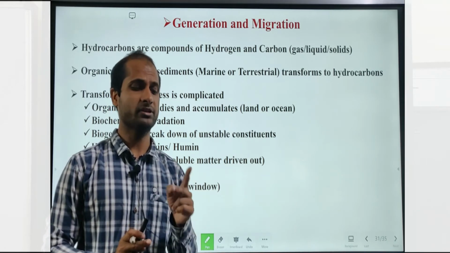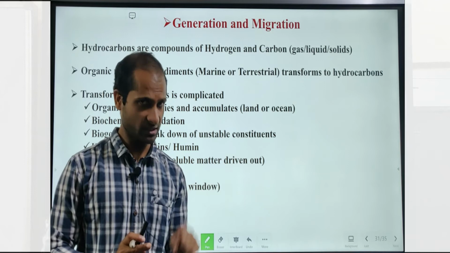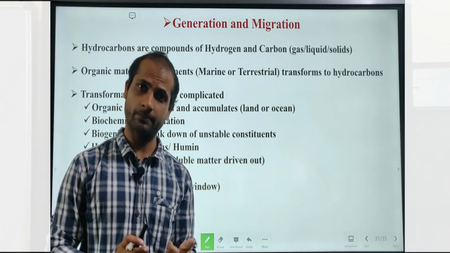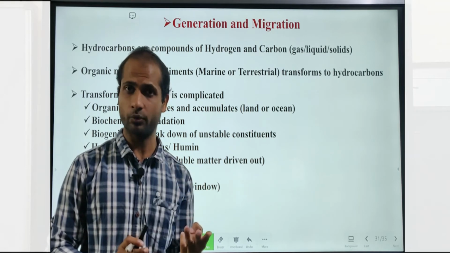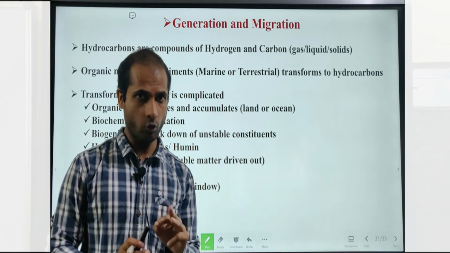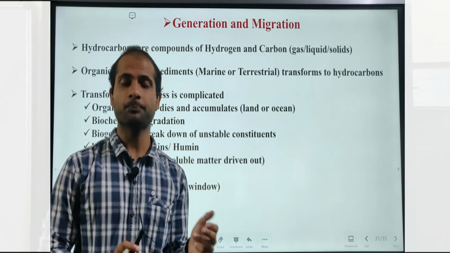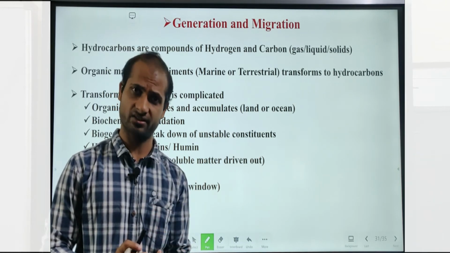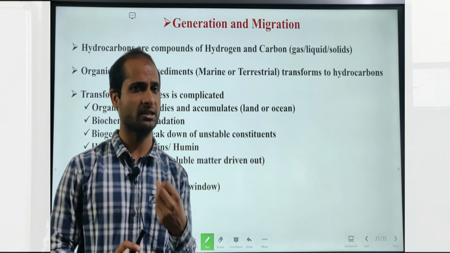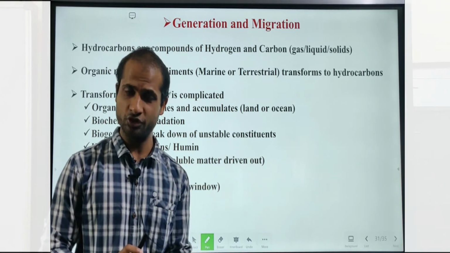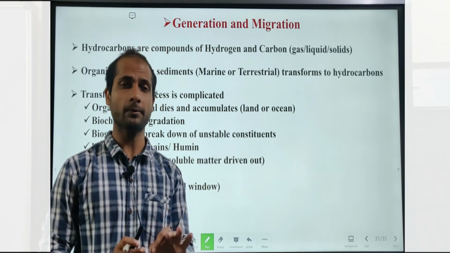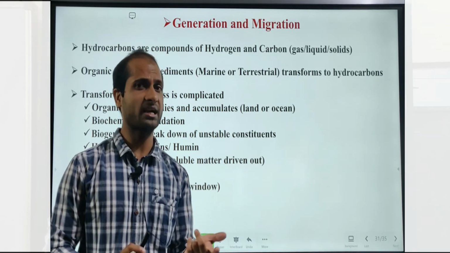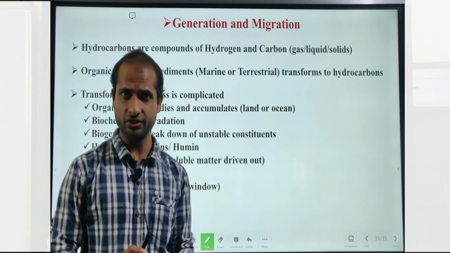Then we discussed traps: structural trap, stratigraphic trap. Structural trap has 3 components: fold, fault and salt diapir. In stratigraphic trap, we have primary and secondary stratigraphic traps. Primary stratigraphic traps are associated with deposition. Secondary stratigraphic traps are unconformity related or because of recrystallization, infiltration and cementation.